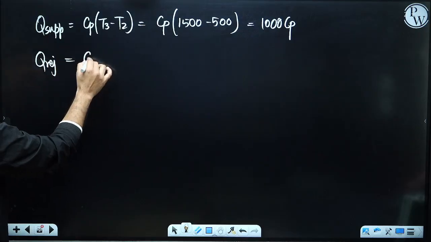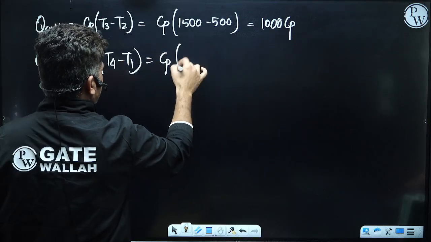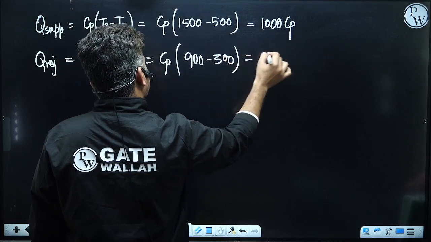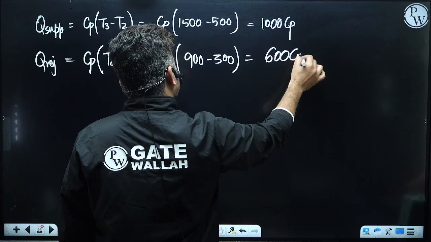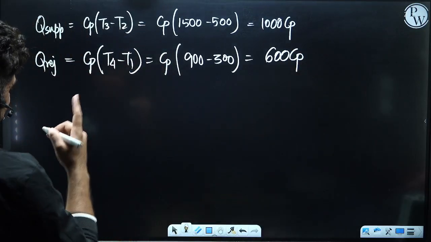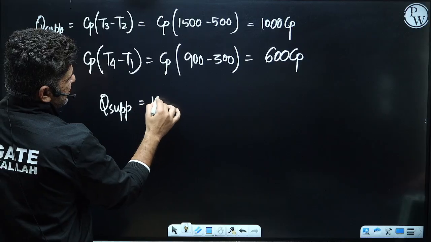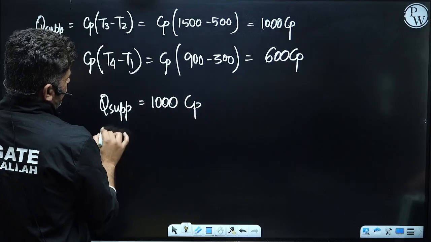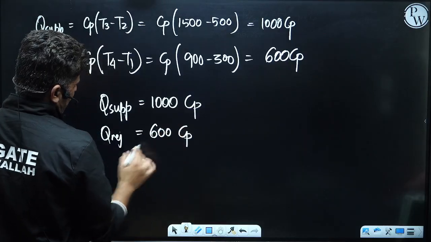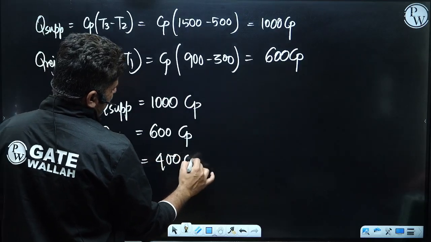Heat rejected is Cp into (T4 minus T1), that is Cp into (900 minus 300), that is 600 Cp. So you are supplying 1000 Cp. Q supply is 1000 Cp. Q rejection is 600 Cp. And W net is your 400 Cp.